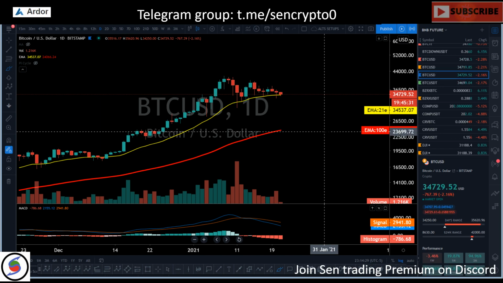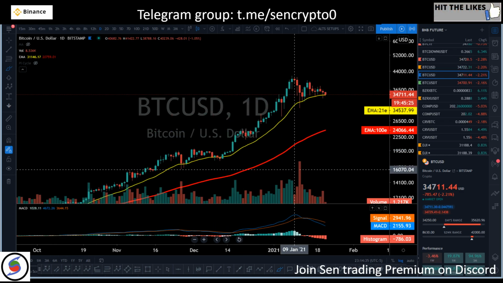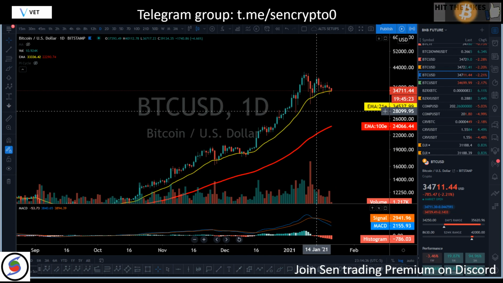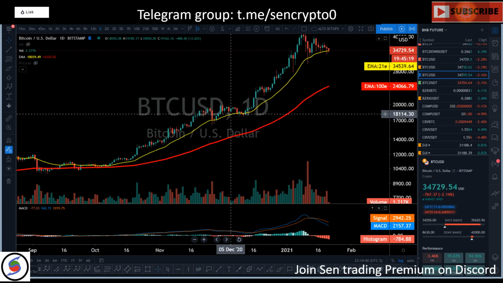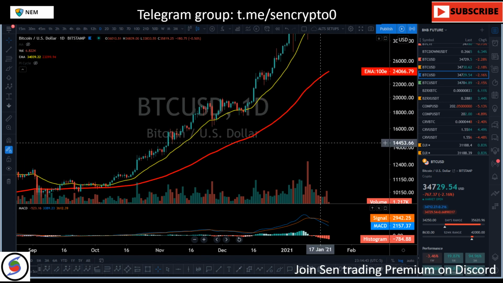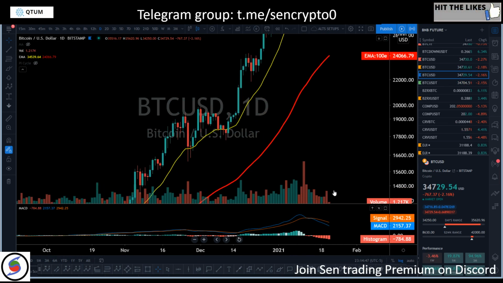Bitcoin on a daily basis has been very, very resilient. Ever since we pumped above the daily 21, we only closed below the daily 21 once. And when was it?